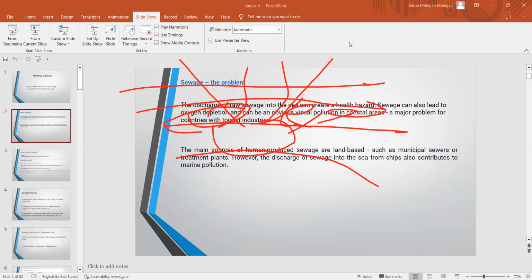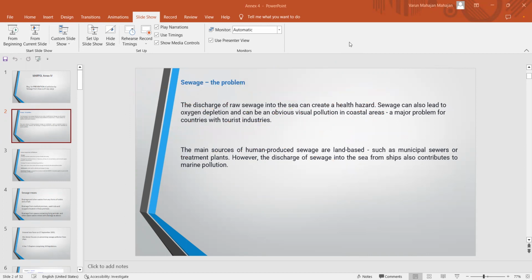And additionally, floating sewage, nobody wants to see on the surface of water, right? So sewage is a problem because the discharge of raw sewage into the sea can create a health hazard.